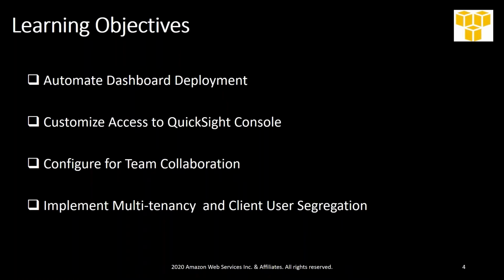Whenever a BI or dashboard initiative happens, it's not just one person who builds all that. There's always a team of people working together, including data scientists, data engineers, BI developers, and so on. So we'll show you how to configure QuickSight for that purpose. And finally, we'll talk about multi-tenancy and client user segregation. Those are the main high-level topics we are going to be discussing.